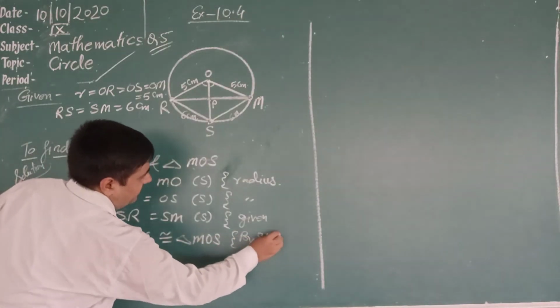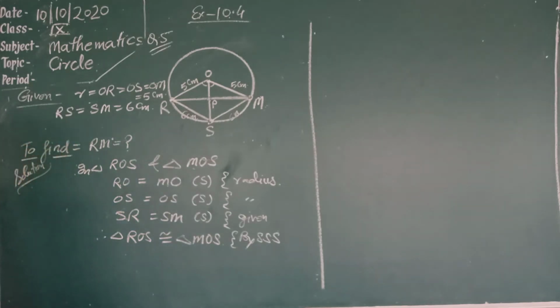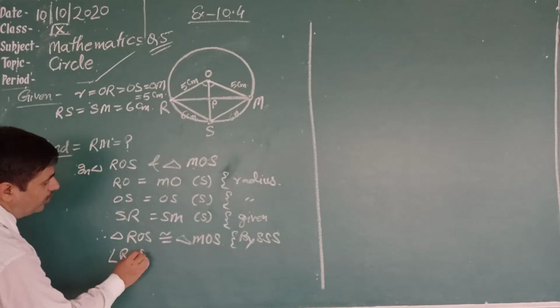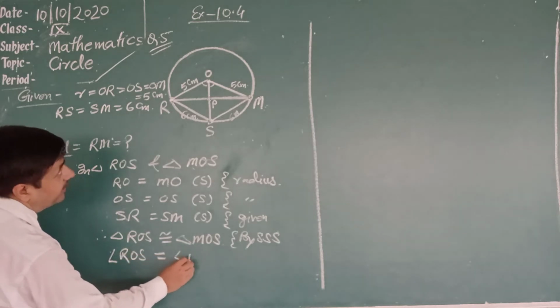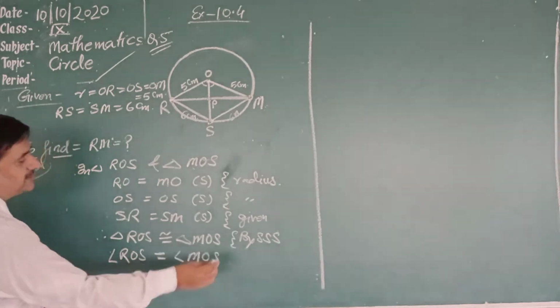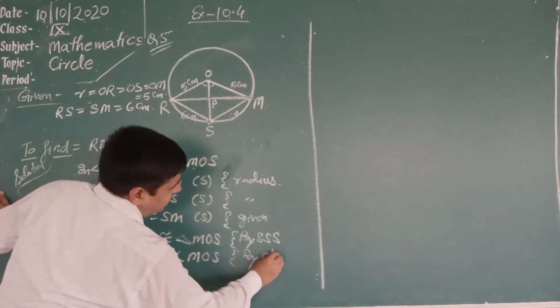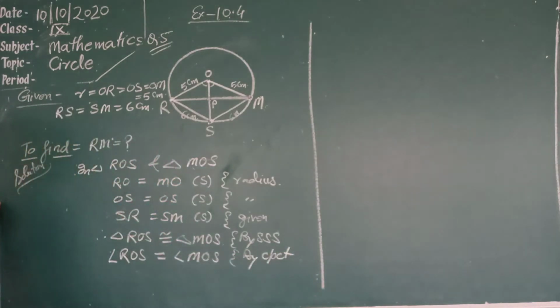SSS criteria. Okay, and after that what we can say, angle ROS is equal to angle MOS by CPC.